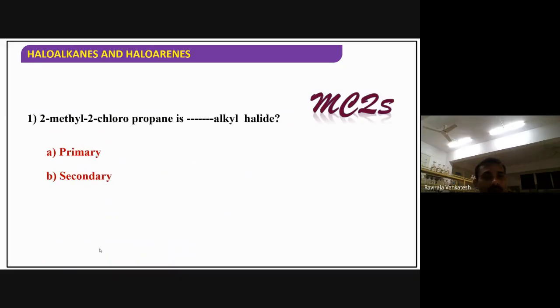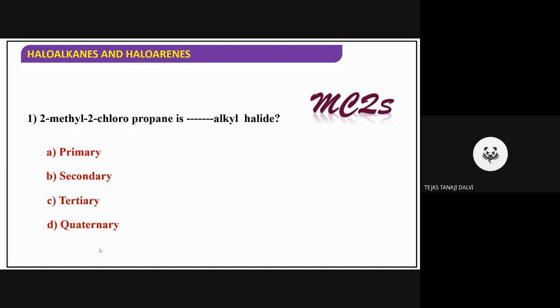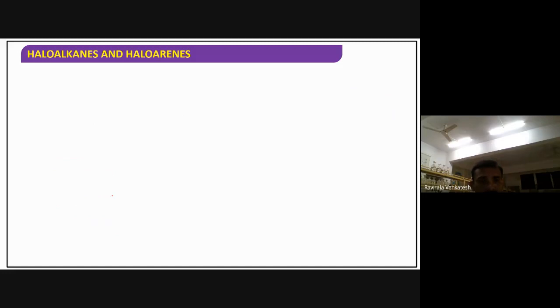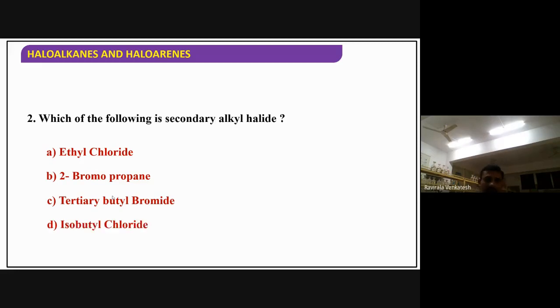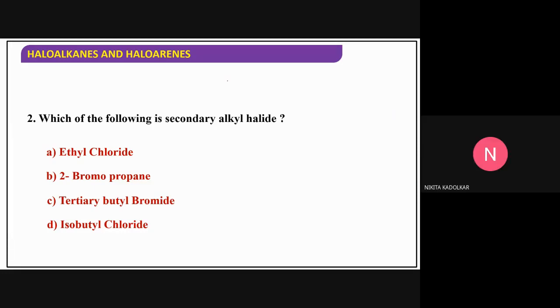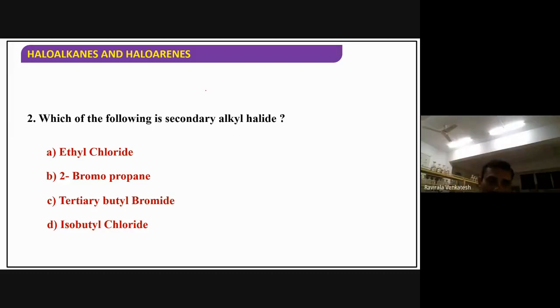Now, how to give the answer? 2-methyl 2-chloropropane is which type of alkyl halide? Tertiary. Just now we saw this one, tertiary only, right? Now tell me which of the following is a secondary alkyl halide? 2-bromopropane, very good.